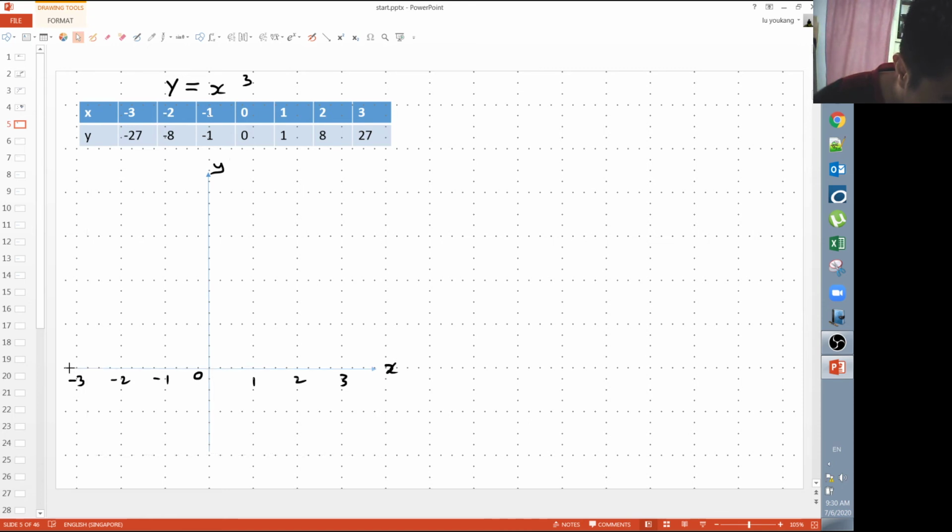Let me extend it. Alright, and for this y-axis, I'm supposed to have 10, 20, 30, and then I'm supposed to have -10, -20, -30. Alright, so seems like I also need to extend my y-axis.